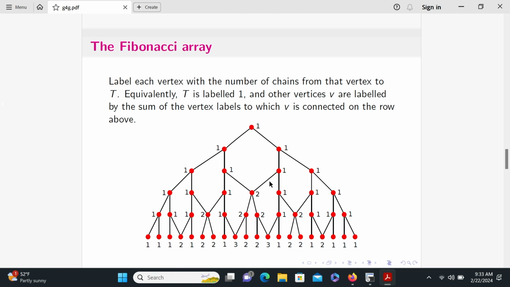Just like Pascal's triangle, this 2 would be 1 plus 1. Well, this vertex only has 1 above it, so it would be labeled 1. So here's this array of numbers, and it has a lot of remarkable properties.